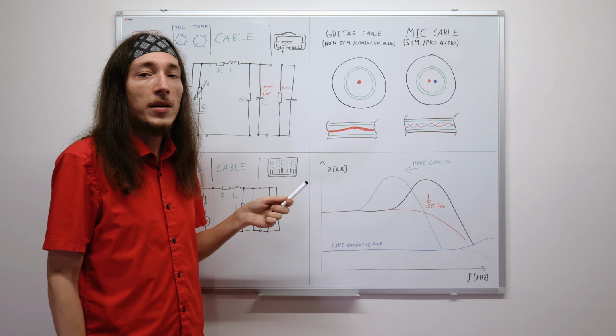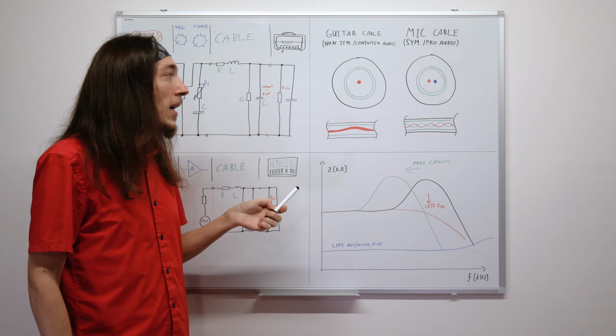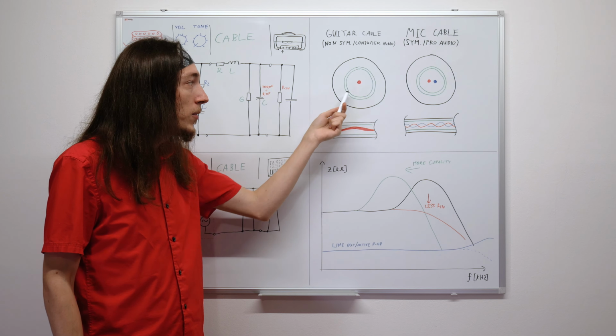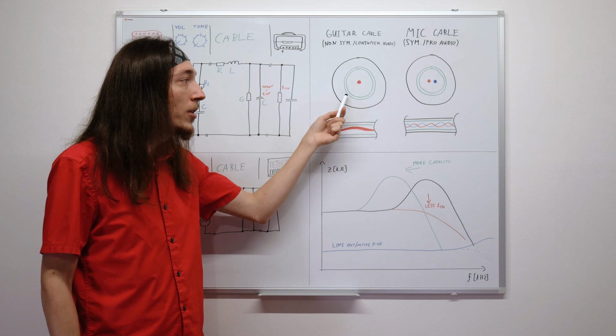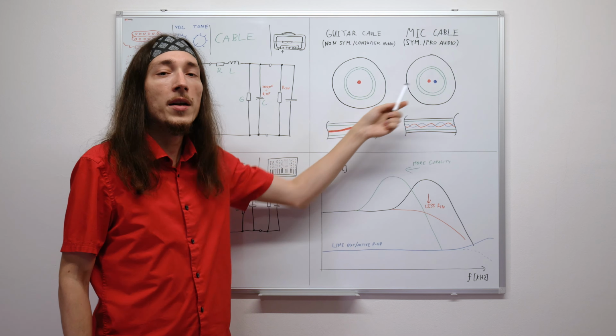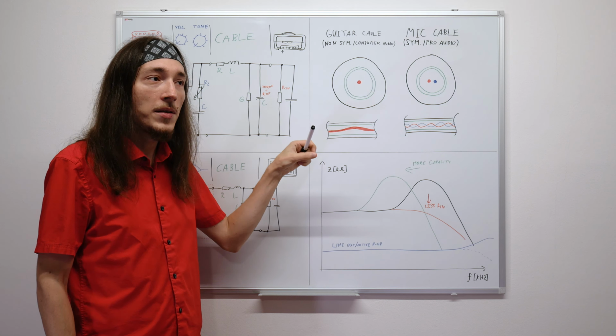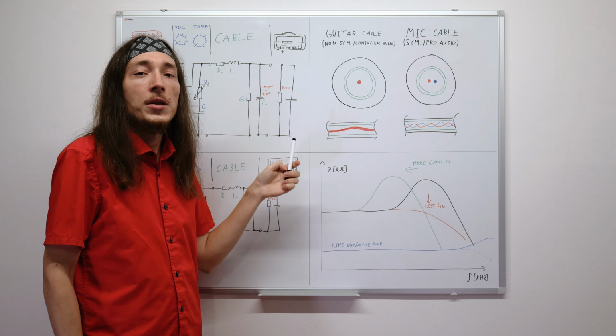The higher the quality of this material, the less capacity we get per meter. The more distance between the wire and the shielding or between wire and wire, the less capacity we get. So the thicker the cable basically is, the better the parameters should be.